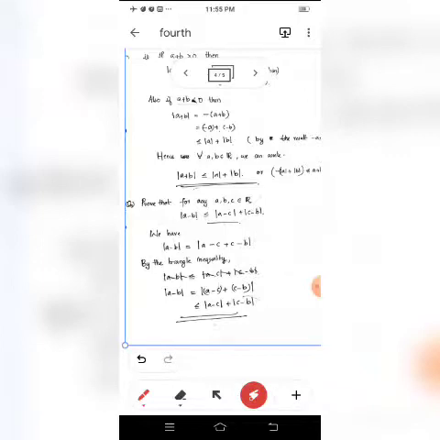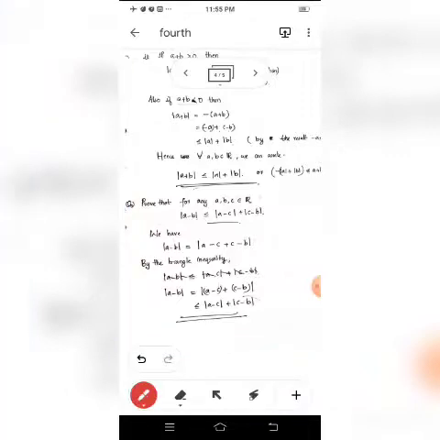Modulus of a minus b is less than or equal to mod a minus c plus mod c minus b. Here, there is a point c between a and b, such that modulus of a minus b is less than or equal to mod a minus c plus modulus of c minus b.